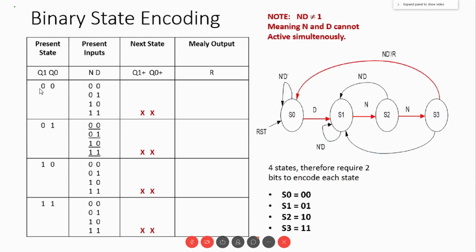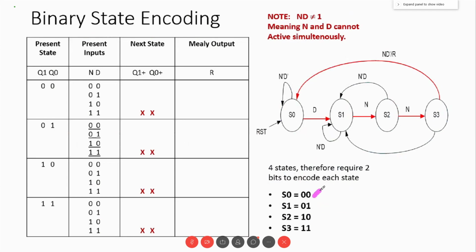Now I give an assignment. This is called binary state encoding. Annotate. Now I give names because you have 1, 2, 3, 4, so you have 4 states. To name each state in a binary way, you need at least 2 bits.